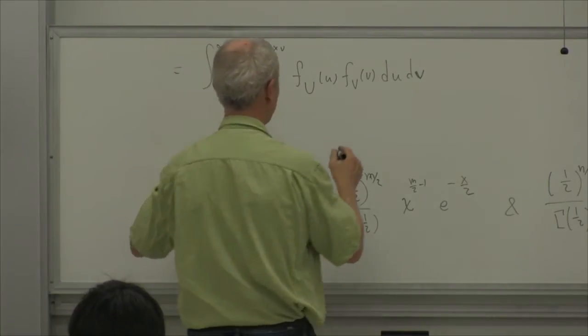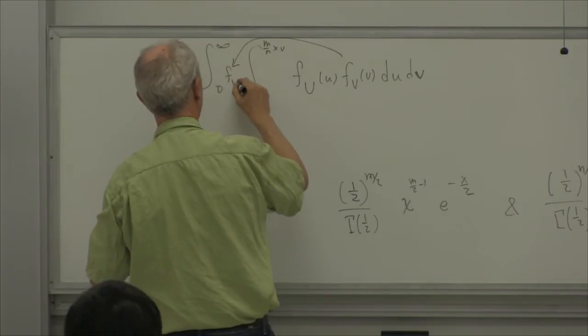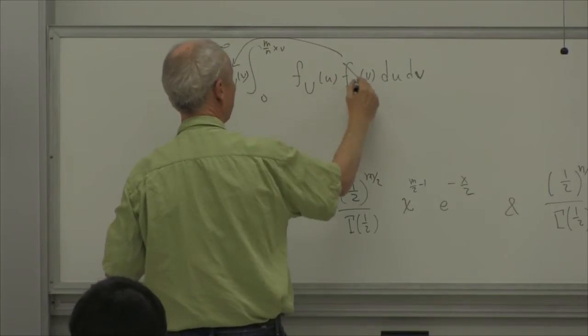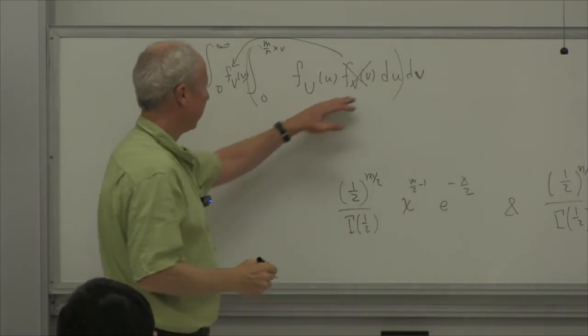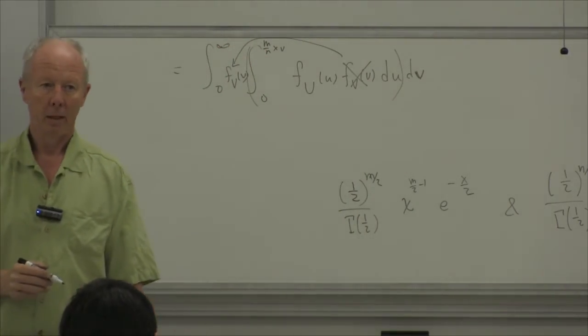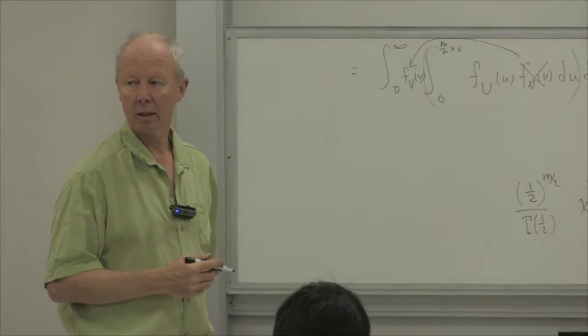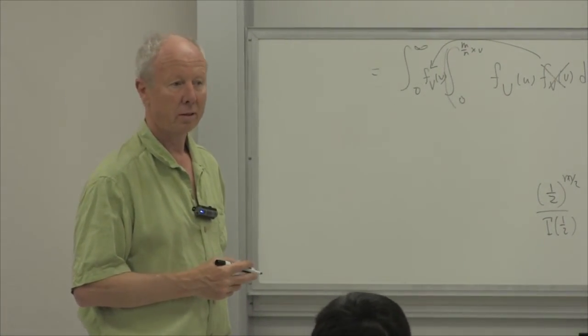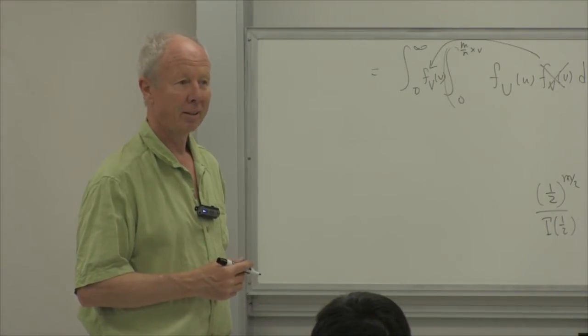Now, let me kick this guy out. And what is this integral? It's the integral of the density for capital U from 0 to something. What's that called? 3 letters. Last letter is F. CDF.